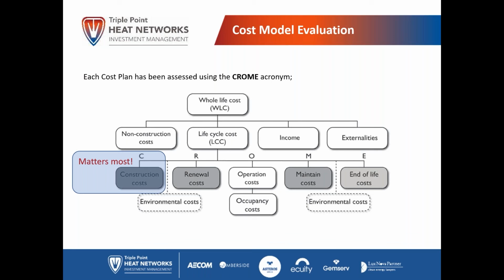So the cost model isn't interested in your income, which is in the model that Simon's been talking about, or any externalities which come under SMPV, and costs related not to construction, which, for example, the commercialization costs are in that category. So we are going to focus primarily on construction costs in this, but we'll pick up on the other elements.